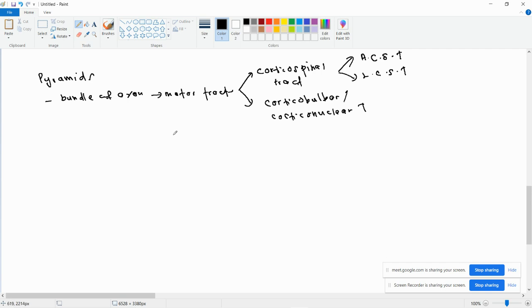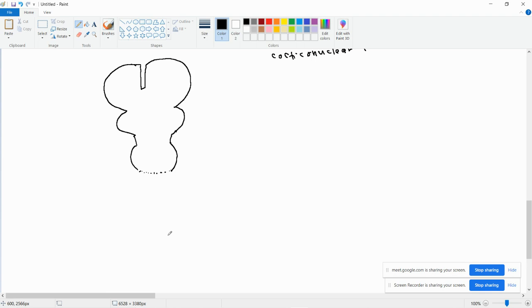Now class, I need to draw a simple diagram for you. Let's say this is your cerebrum, in a coronal section. This is your midbrain, this is your pons, and here is the pontomedullary junction.